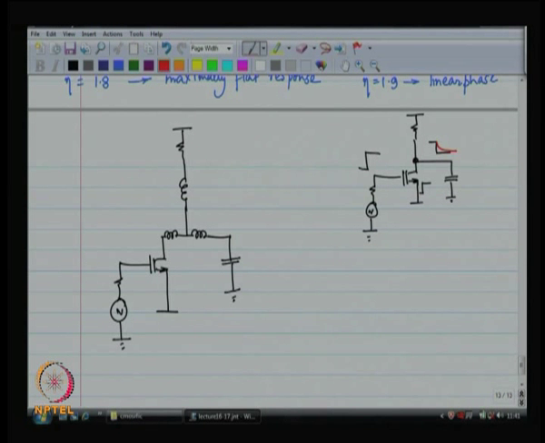Now, what I do is I say that forget the first cut, let us now talk about the second cut where I have put an inductor over there. Now, what is the property of an inductor? An inductor likes to keep the current through it a constant.